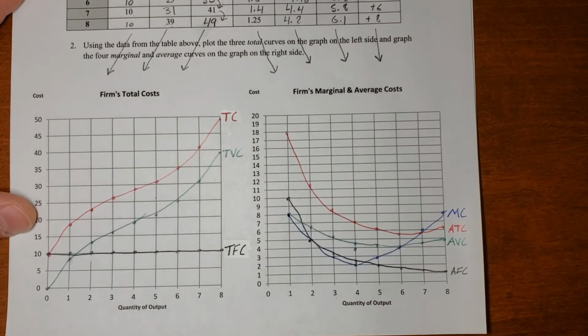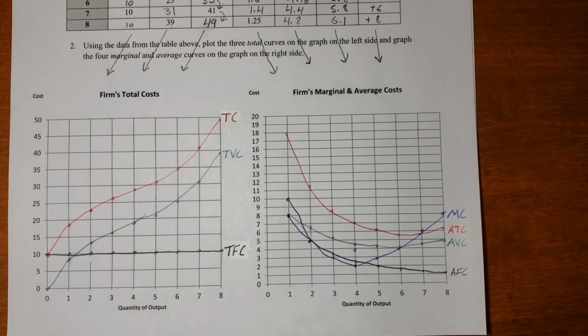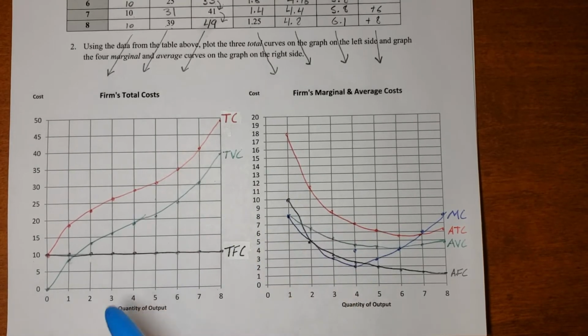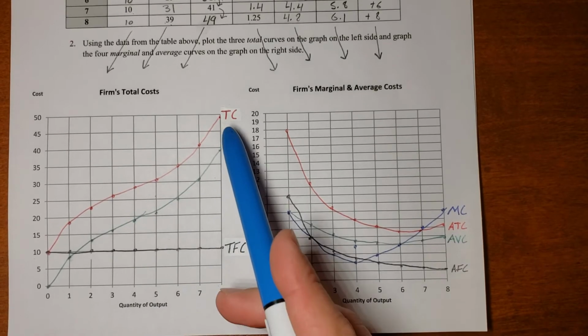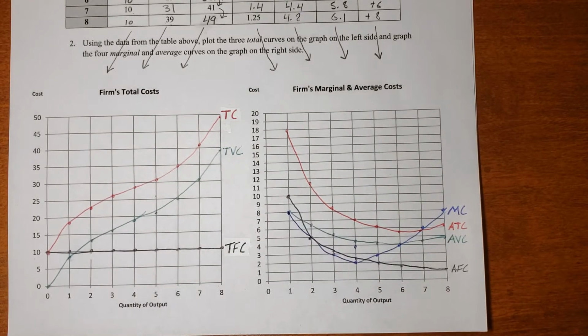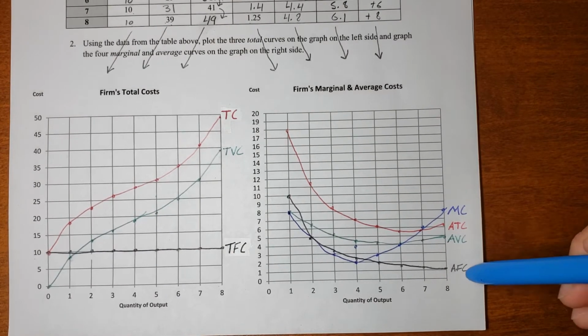So I went ahead and plotted out all of the different costs, and on the left-hand side you have your total fixed costs, your total variable costs, and your total costs all plotted. And then on the right-hand side you have your marginal cost, your average total cost, your average variable cost, and your average fixed cost all plotted.